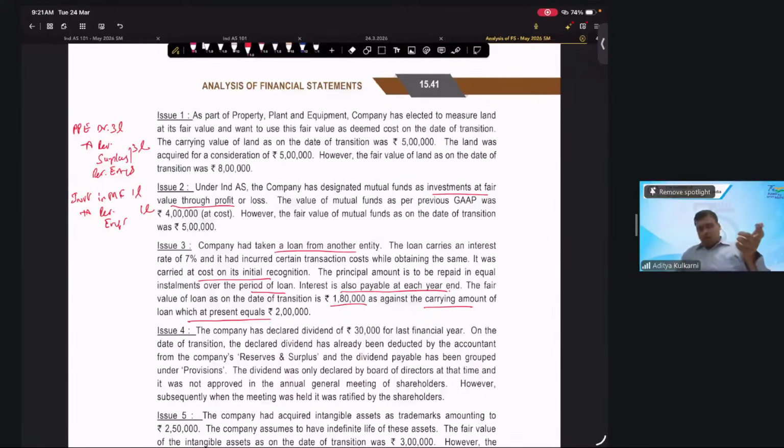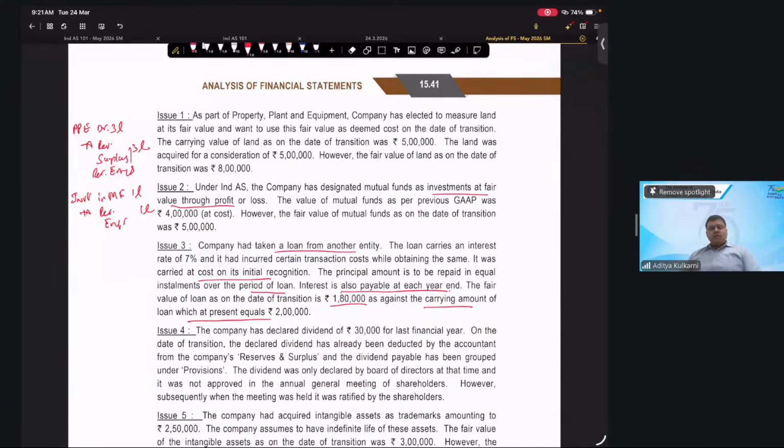You have a loan, carrying amount is 2 lakhs, but fair value is 1 lakh 80,000. What do you do? We will reduce it to 1,80,000. You will reduce it to 1 lakh 80,000 because financial liabilities, you will have to recognize at fair value. Yes or no? Yes, sir.